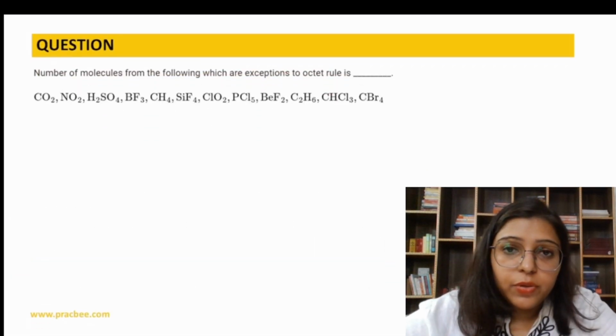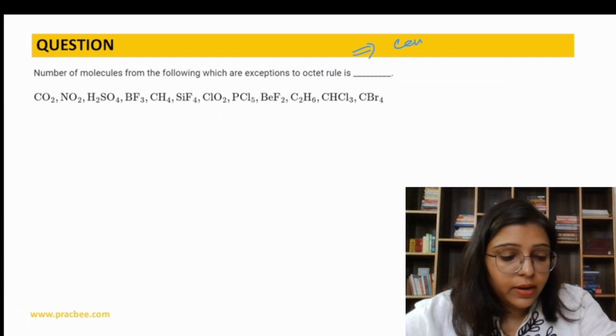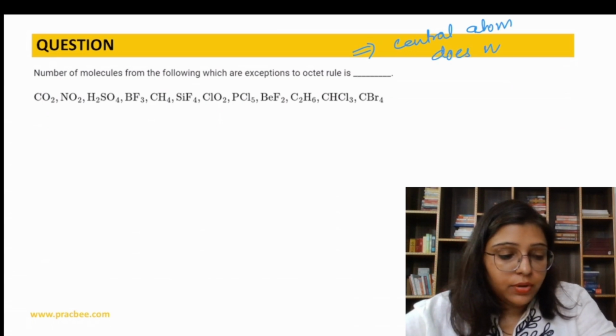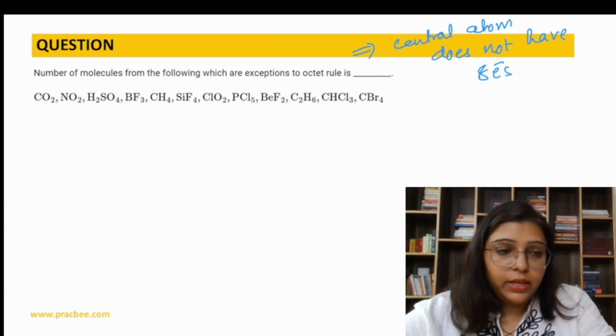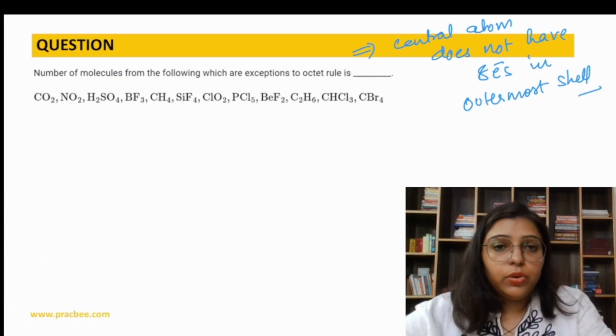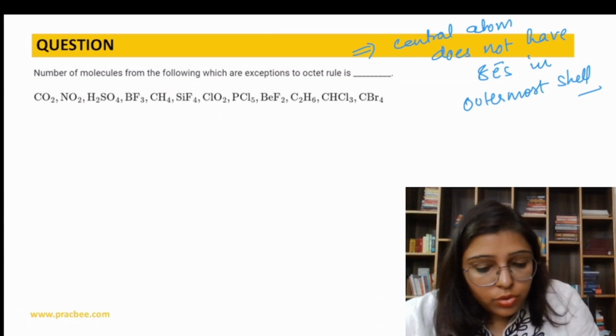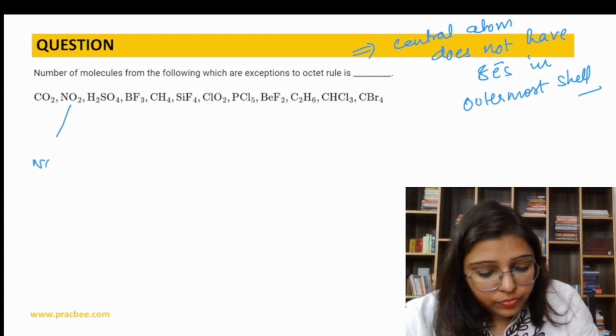Number of molecules from the following which are exceptions to octet rule. It means where central atom does not have 8 electrons, right, in outermost shell. So they are going to be exceptions to octet rule and still they are stable. Okay. So here we have answer NO2.